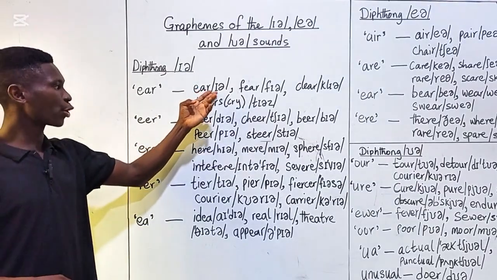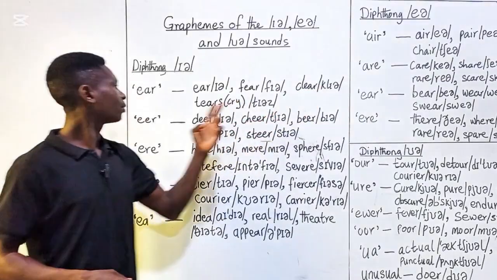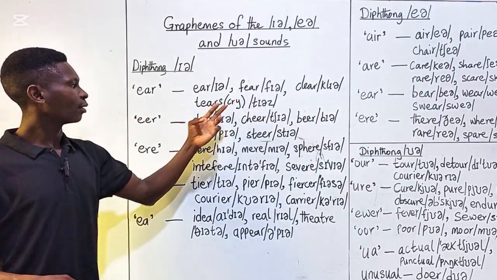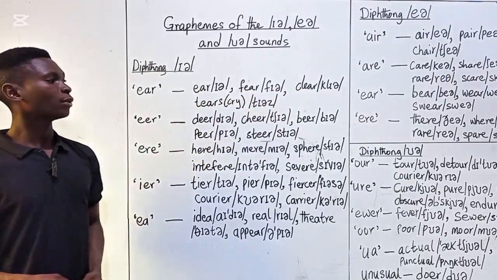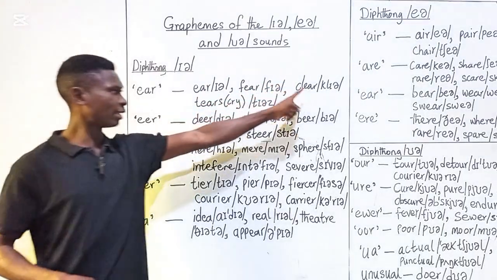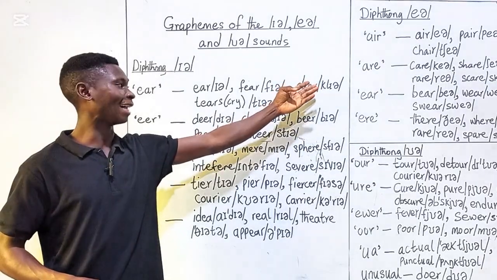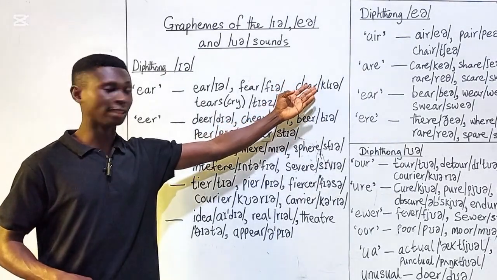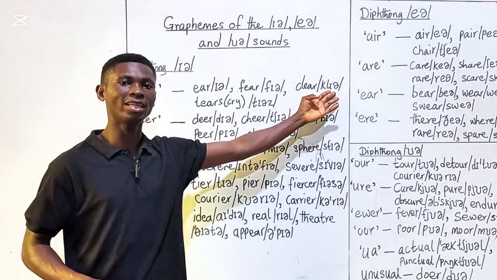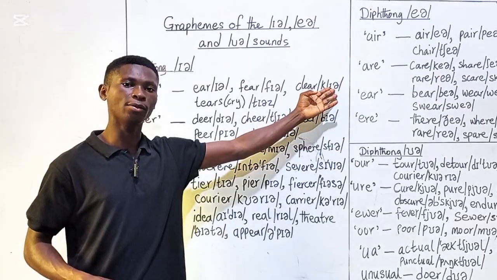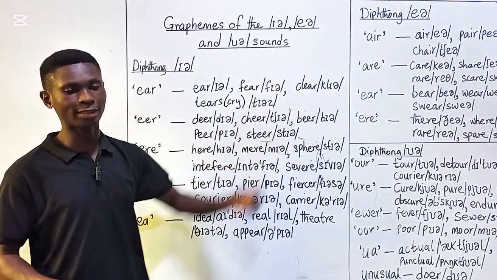So here we have ear, here, clear, tears, ear, fear, clear, tears. So note this particular word. Most people pronounce this as clair. That is a wrong pronunciation, because in the transcription we have the ear sound, and you have to articulate the ear sound in it when you are saying this.